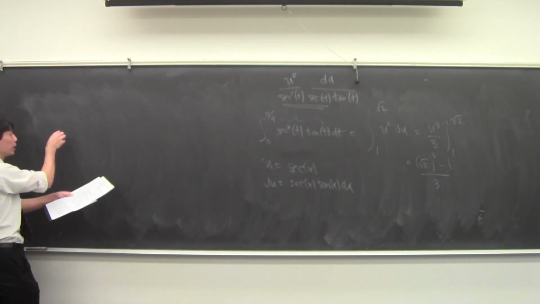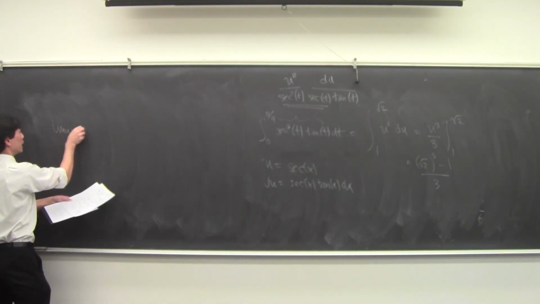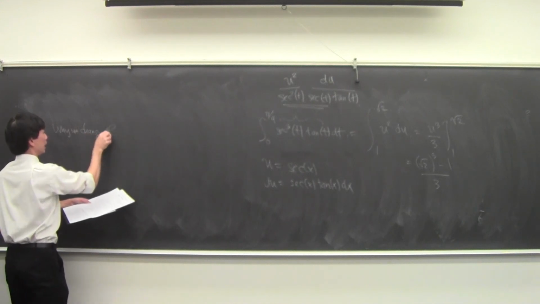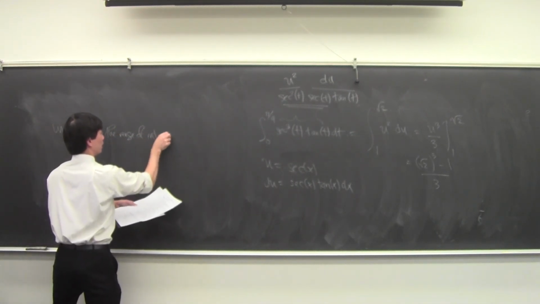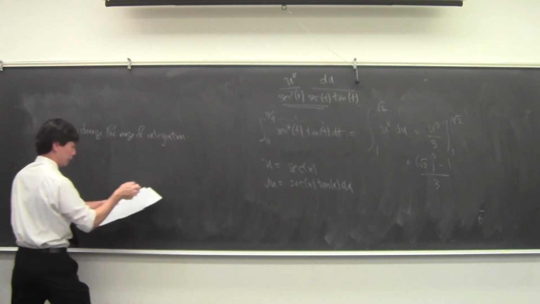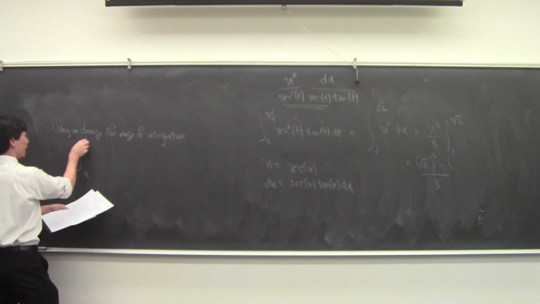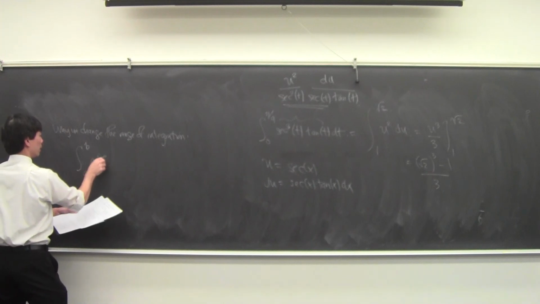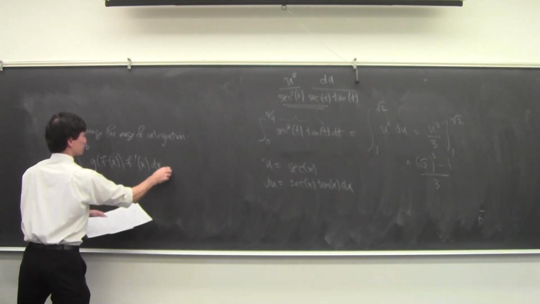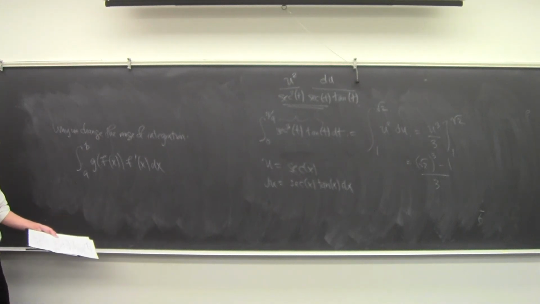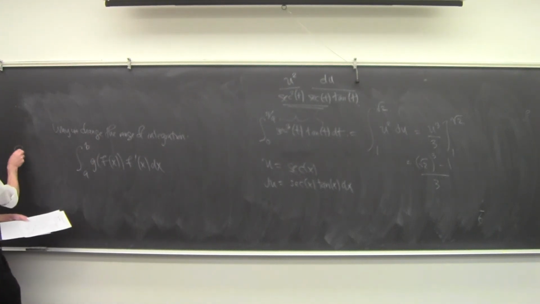Okay. Let me just take a couple seconds to say something about why we change the range of integration. Well, it's because if we're integrating, let's go back to our previous notation, so again, g prime is little g.